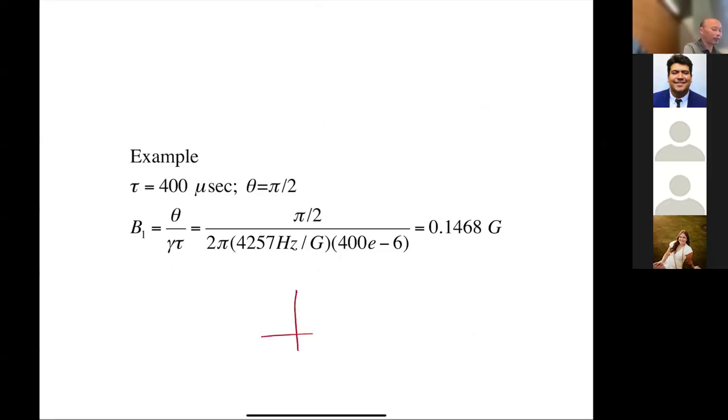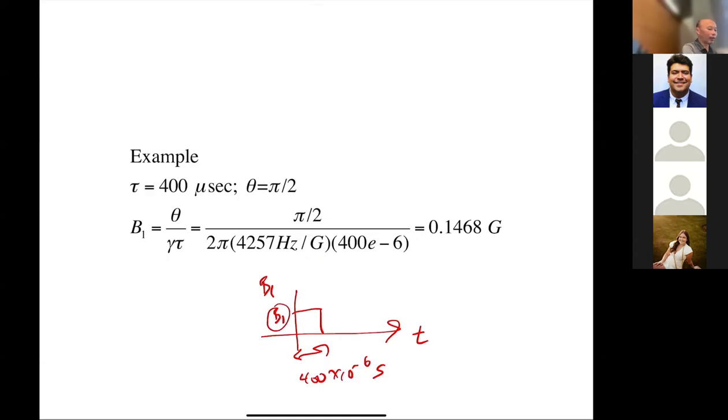As a function of time, I want to apply a pulse that's going to last 400 microseconds. I turn on a pulse and it has some amplitude B1.